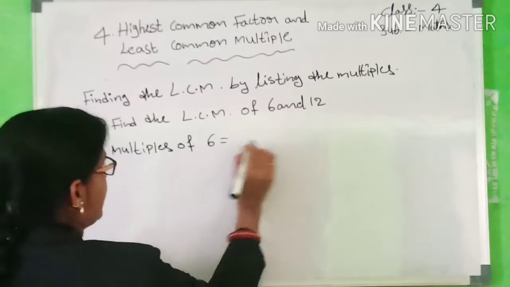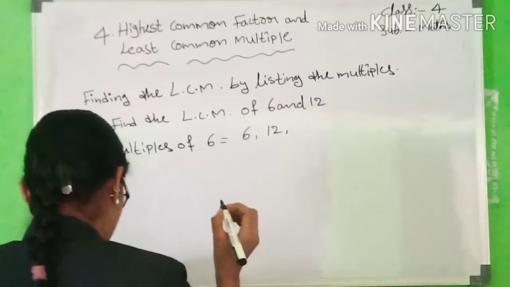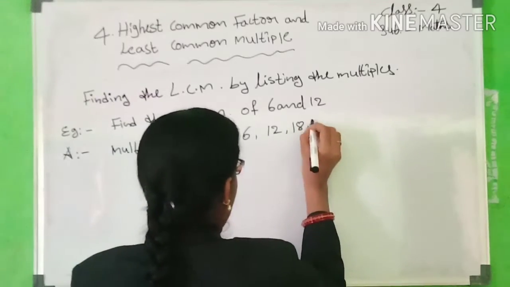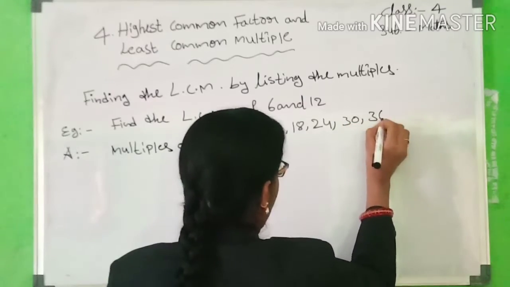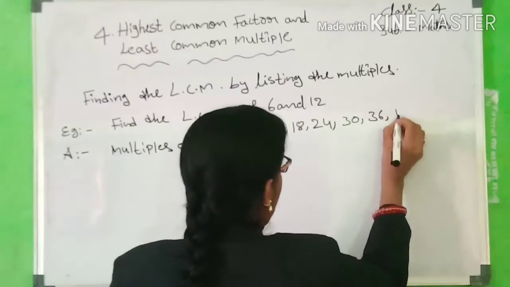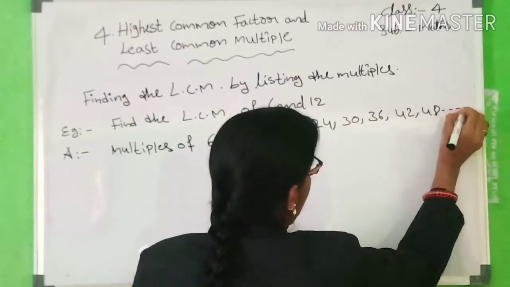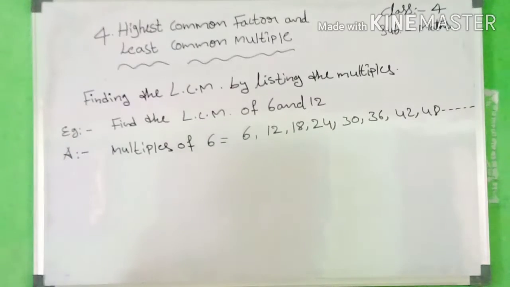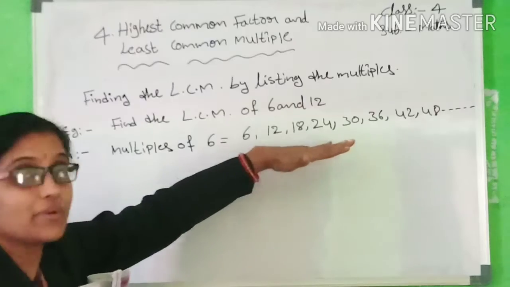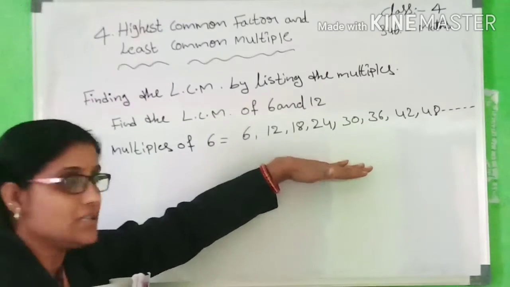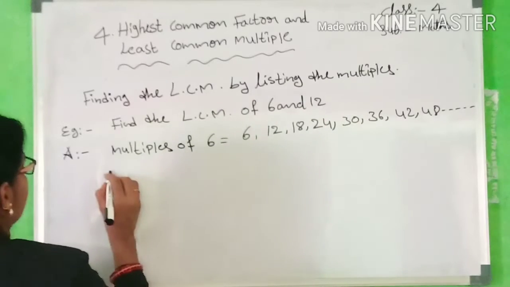You have to write the 6 table. 6 1s are 6, 6 2s are 12, 6 3s are 18, 6 4s are 24, 6 5s are 30, 6 6s are 36, 6 7s are 42 and 6 8s are 48, etc. First of all you have to write multiples of 6. What does multiples mean? Here you have to write the 6 table.